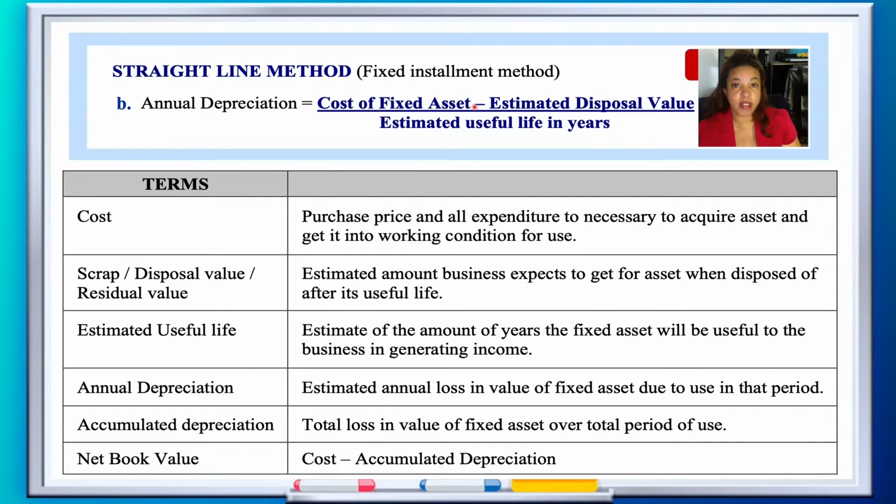Remember, the disposal value is how much money you think you're going to get at the end of the estimated useful life. If you sell the car or you sell it for scrap, or you get nothing, right? Zero, like in the previous one, over the estimated useful life.